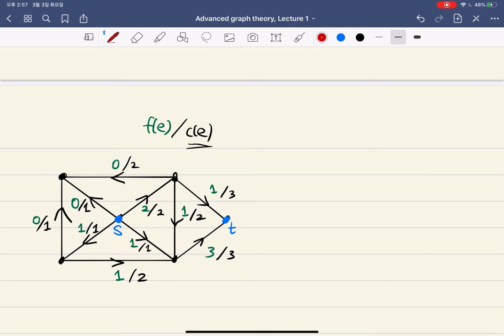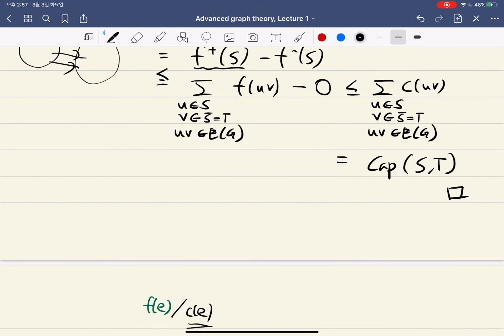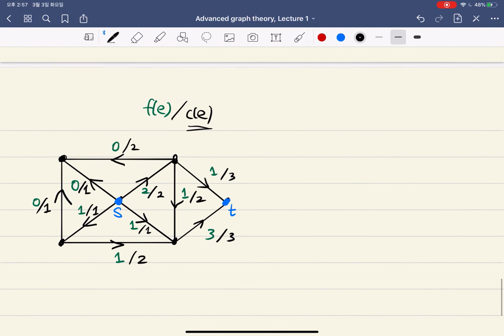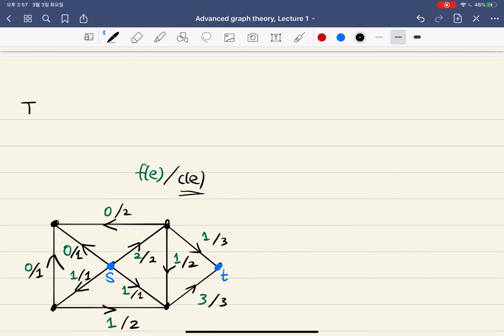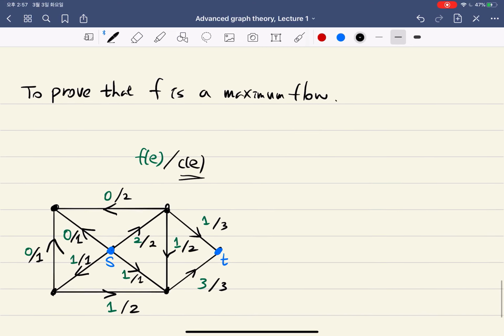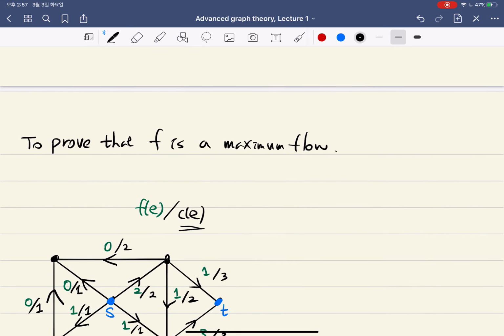So this shows that if you want to prove that a given flow f is maximum, then it suffices to find a source-sink cut with capacity equal to the value of f. If you want to prove that f is a maximum flow, what do we have to do? We have to show that this is a feasible flow, which is okay. But we want to show that this value is the maximum possible.